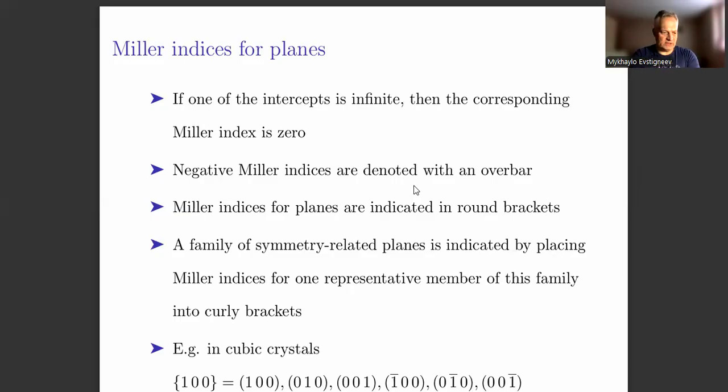So a family of these symmetry-related planes is indicated by taking the Miller indices of one member of that family and placing them in curly brackets. Here is an example of the symmetry-related planes with the Miller indices 1, 0, 0 in a cubic lattice: 1, 0, 0; 0, 1, 0; 0, 0, 1; negative 1, 0, 0; 0, negative 1, 0; 0, 0, negative 1.